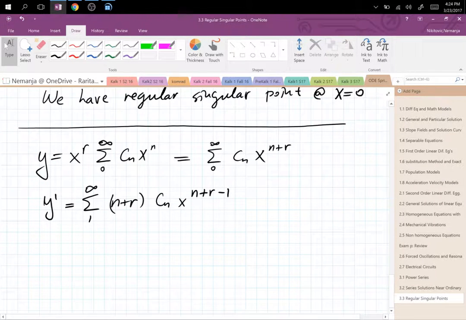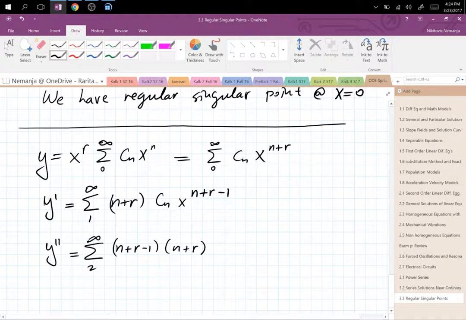And then you can shift if you have to. And y double prime is equal to the summation from 2 to infinity of n plus r minus 1 times n plus r times Cn x to the n plus r minus 2. So this is what you are subbing in your equation.